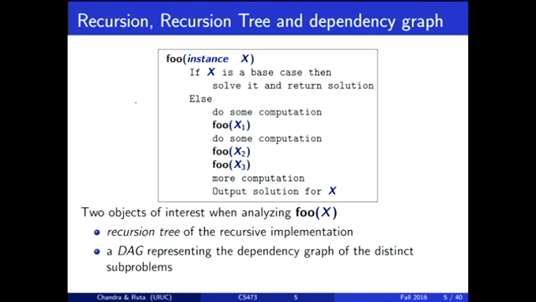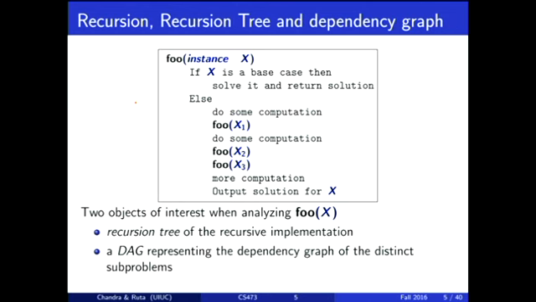But the other thing that we also need to look at is, in this recursion tree, some of the problems will recur in many places. You will create the same problem in the tree in different places. So you can create a different graph, which is going to be a DAG, a directed acyclic graph, where you say, I don't want multiple copies of these separate problems, I only want one copy of it.